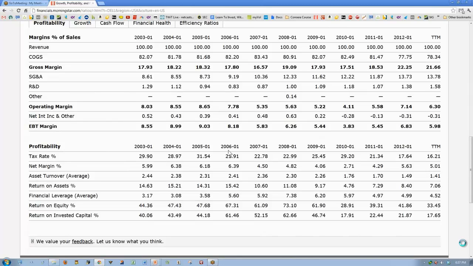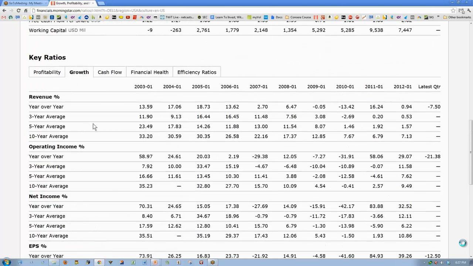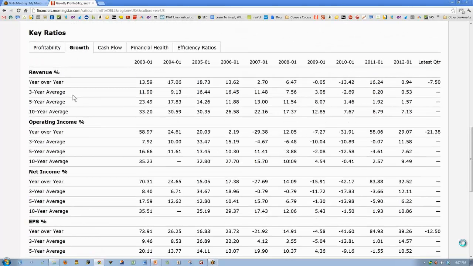And I can look at growth and get historical growth: 3-year average, 5-year average, year over year. You can see ever since about 2007, Dell's growth has dropped off a cliff, including 2010 when it was down by 13%. So Dell's clearly struggling. Dell could not be called a growth stock at this point.